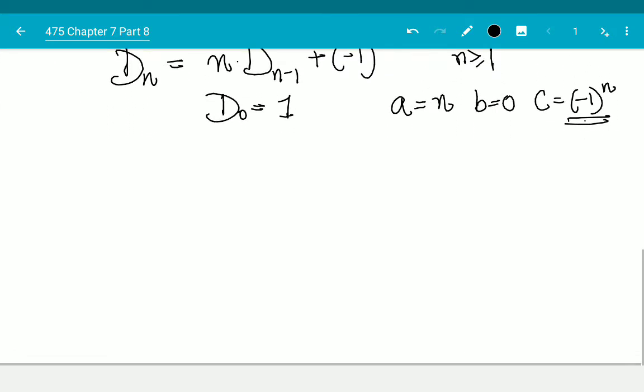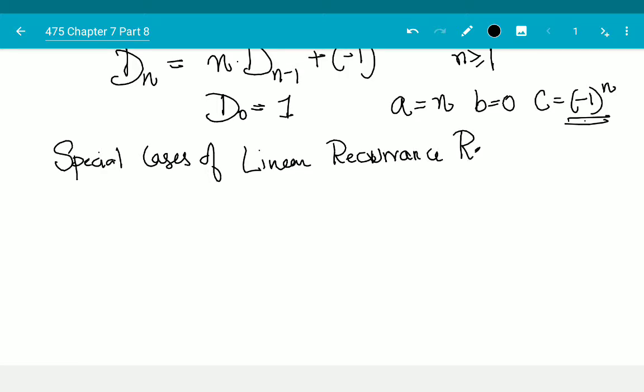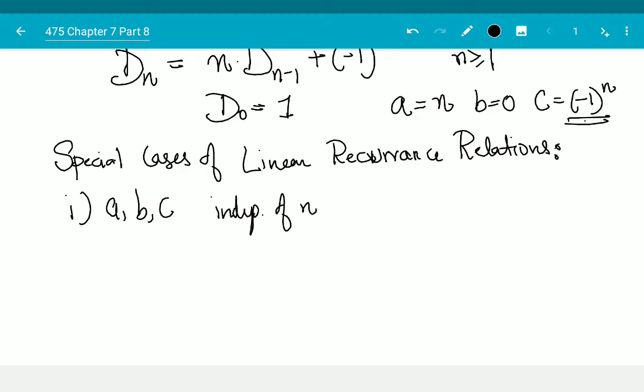So let me write it down. Special cases of linear recurrence relations. What are the special cases? In examples 1 and 2, we saw a, b, c were independent of n, and in that case we call these constant coefficient.